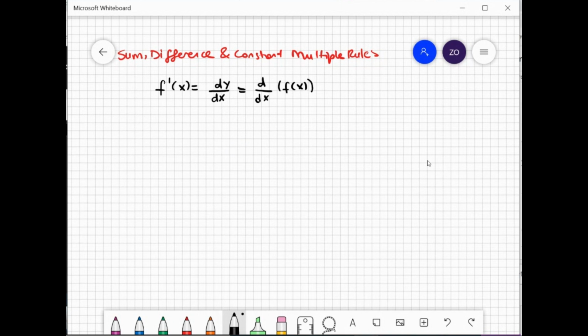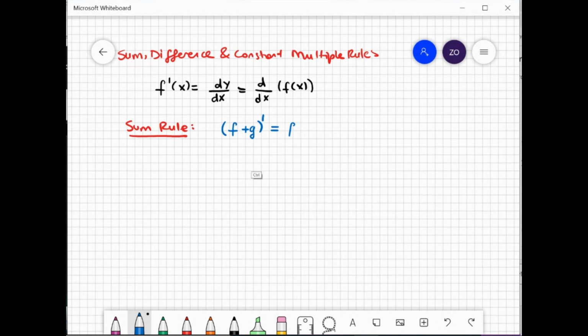So you might see it in different notations, so I'm just going to be putting these rules in both notations. So let's start with the sum rule. If we have a sum of two functions, and you want to take the derivative of their sum, this is equal to finding the derivative of f and finding the derivative of the g function and adding them.